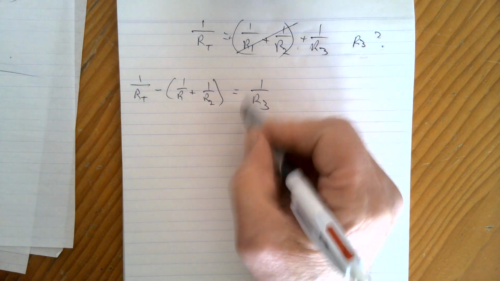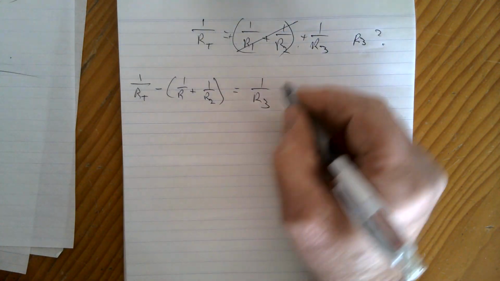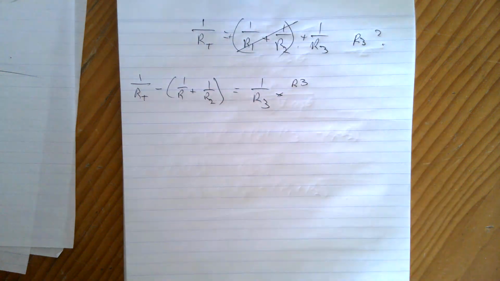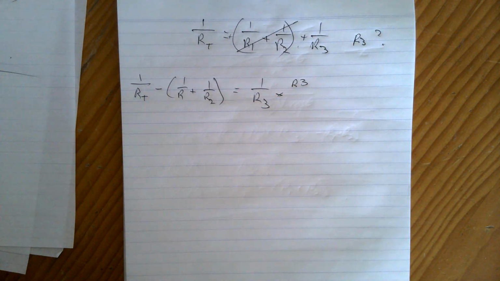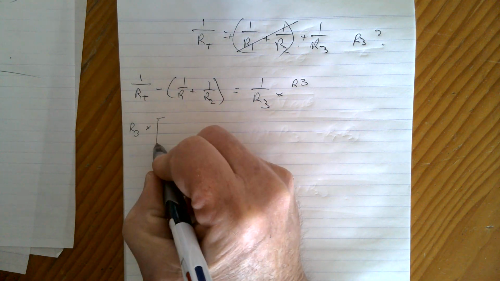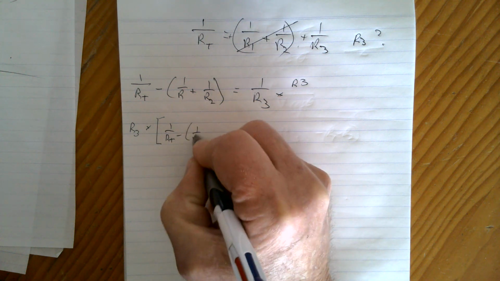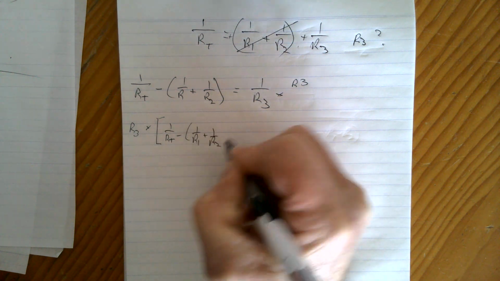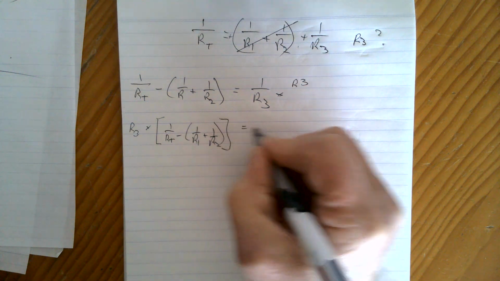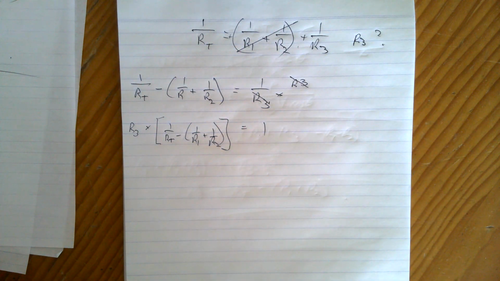If we want R3 as the subject, we've got to get it up to the top line rather than the inverse. So let's go through that process step by step. We multiply both sides of the equation by R3. So R3 times, in parentheses, 1 over RT minus (1 over R1 plus 1 over R2), is equal to 1, because these R3s cancel out on that side of the equation.